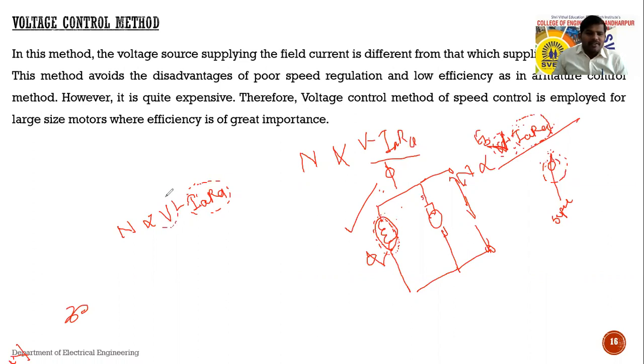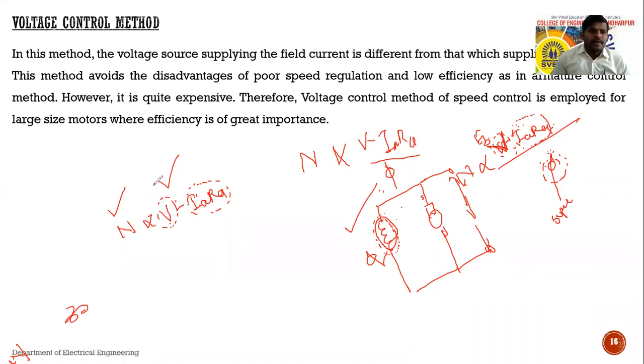We are changing only the voltage applied to the armature. So if the voltage applied to the armature is changed, then the speed of the DC shunt motor will vary.